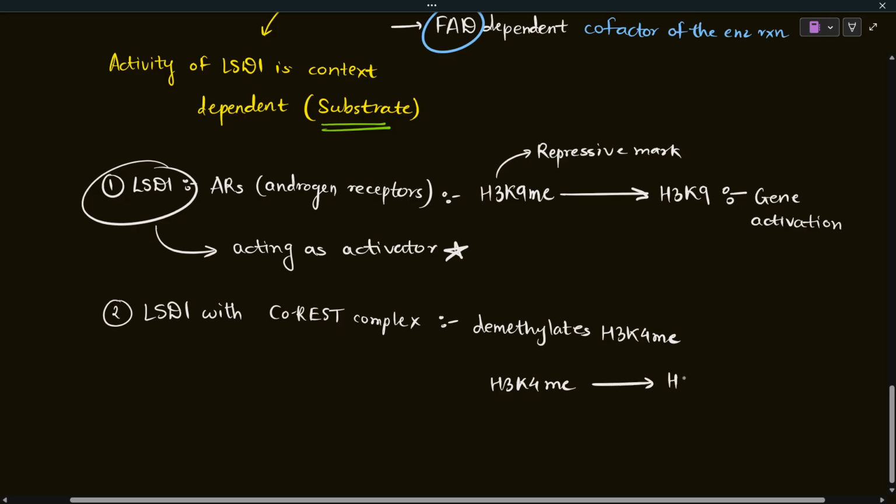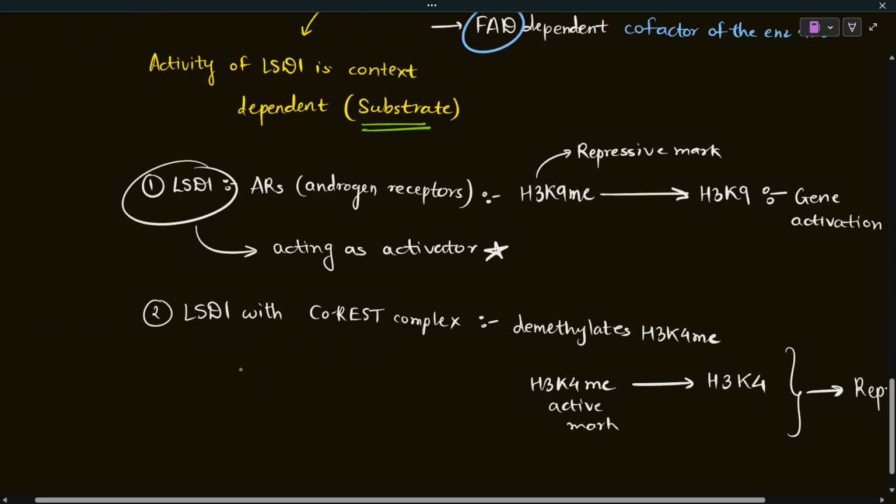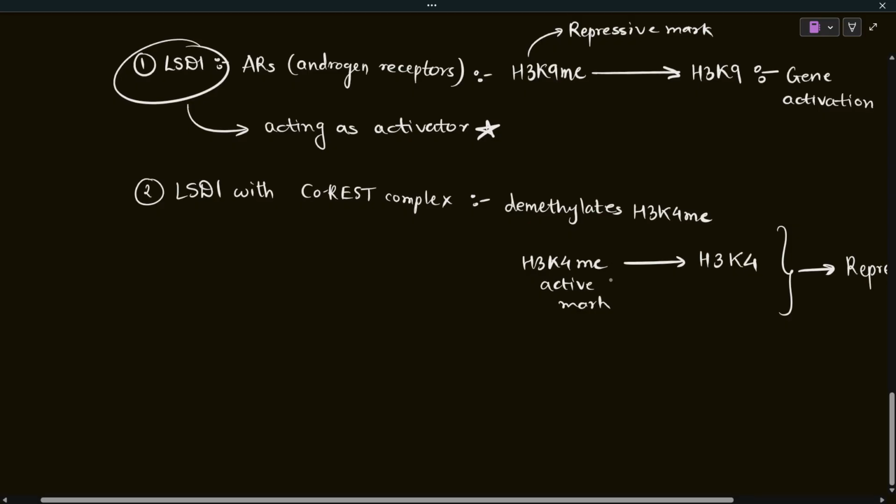Okay, so it catalyzes this reaction. The H3K4 methylation mark is an active mark. So removal of an active mark will lead to repression of the gene. That is why here LSD1 is acting like a repressor. Okay, so it is removing the active mark.